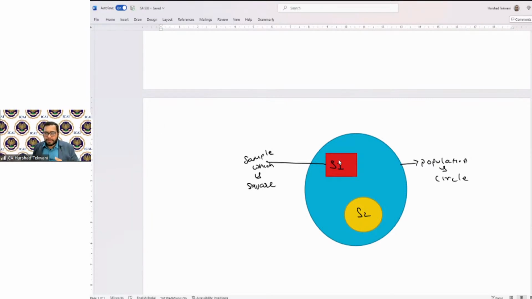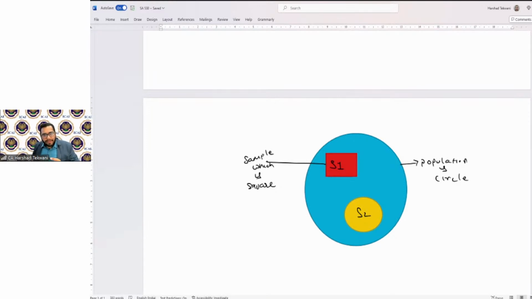The population is a circle shape, but my sample depicts a square shape. So the population and the sample do not match. Hence, there's a risk that whatever sample I might select may not represent the whole population.